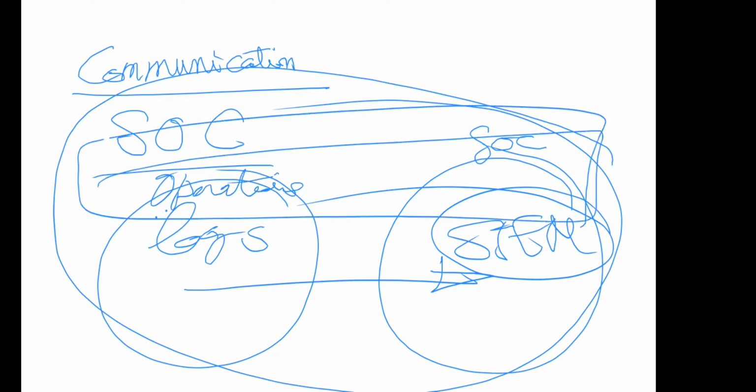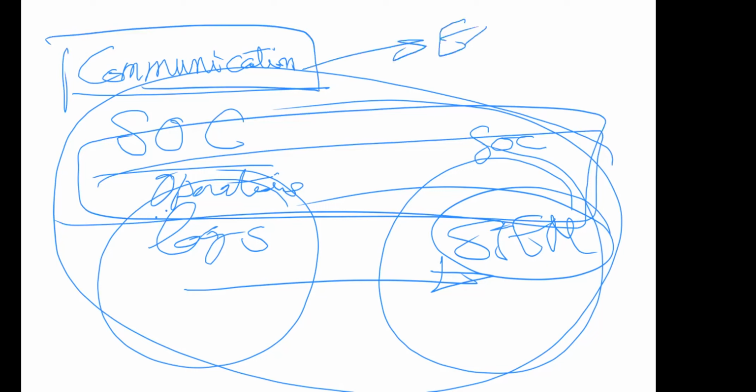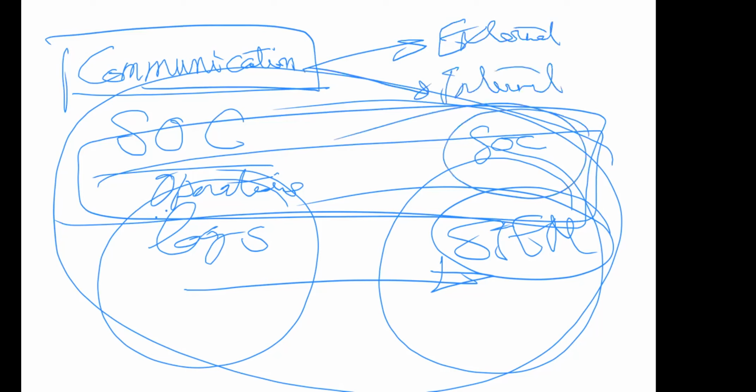This means that it's very important to understand here, when he mentioned communication, he mentioned external and internal communication. Internal communication with the SOC team, with the users, and external with the partners, with the vendors, with the regulators. It is very easy, but it is very important.